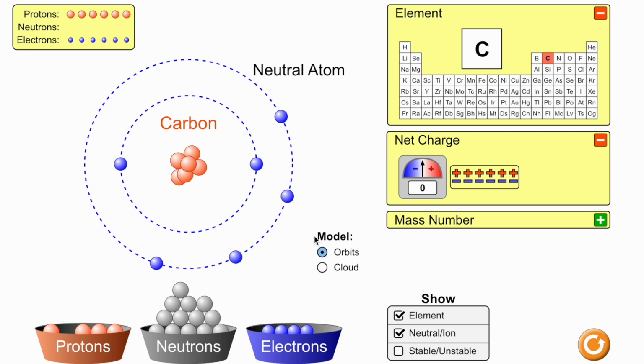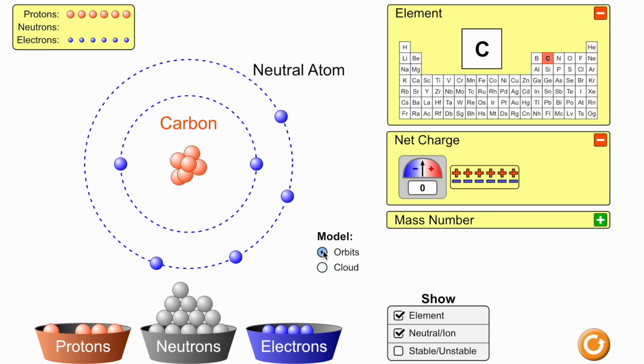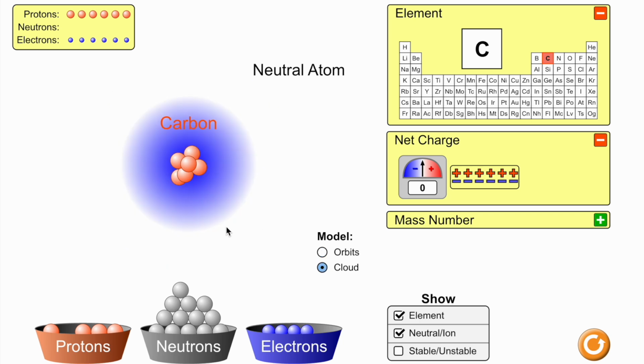You'll see that I can change my model here from orbits to a cloud. And that's because the electron cloud model is what is currently accepted. Orbits are just a model to show us orbitals. A cloud shows us exactly what it might actually look like.